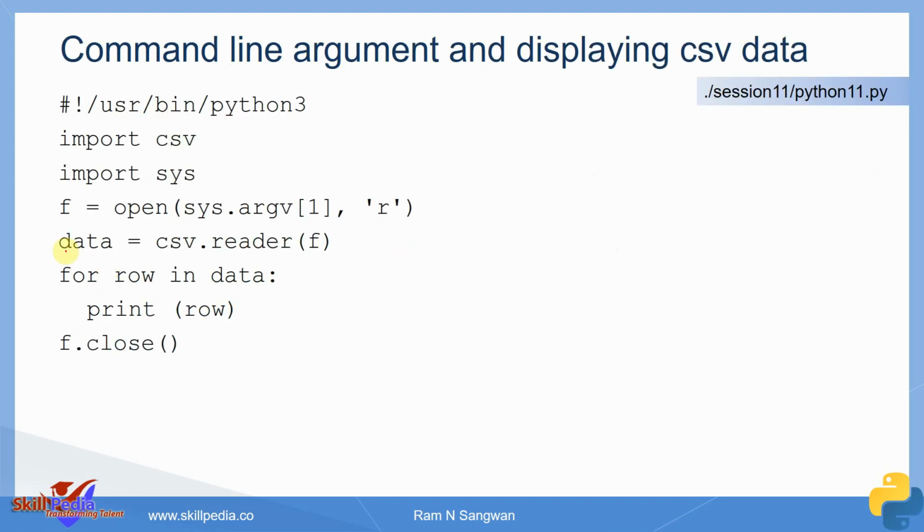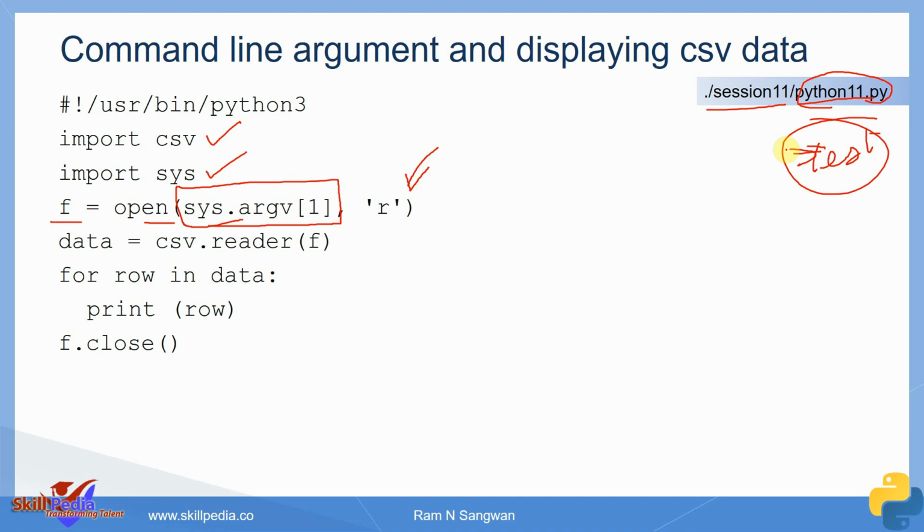This is an example, assuming that you have a file and you supply that as a command line argument. So import csv, import sys, open sys.argv[1]. This is the first argument you pass after the program. Like if you are typing python python11.py, followed by some file name, let's say test.